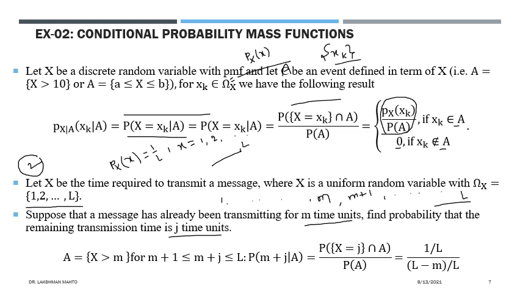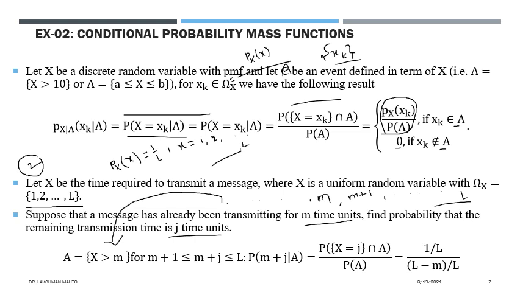Conditioning is observing. If you translate this information in terms of events, it is saying that x takes a value greater than m. A message has already been transmitted for m time units, so definitely x will take a value greater than m.